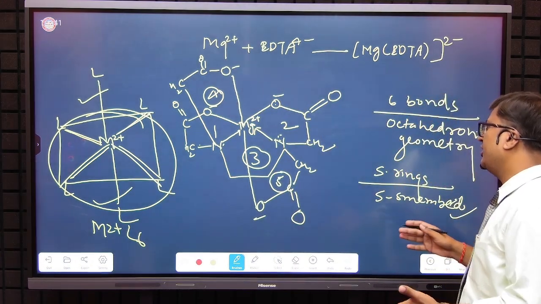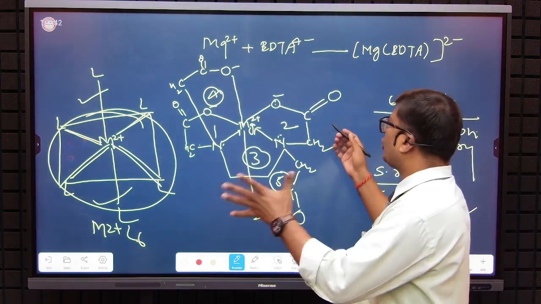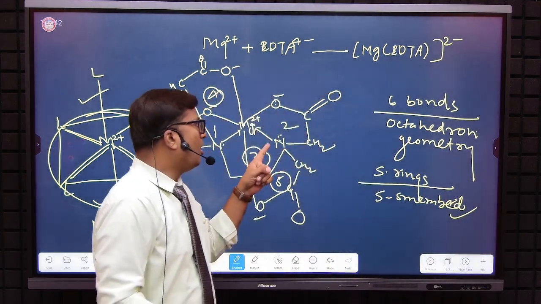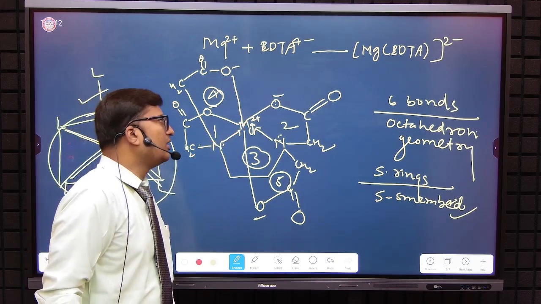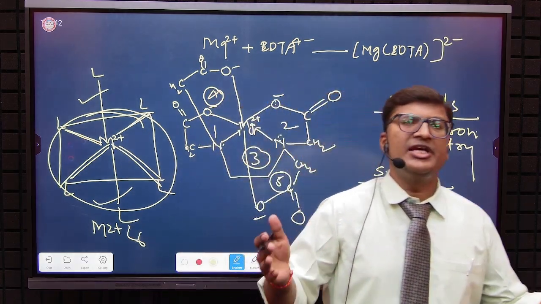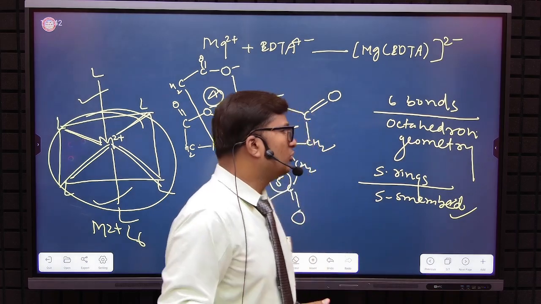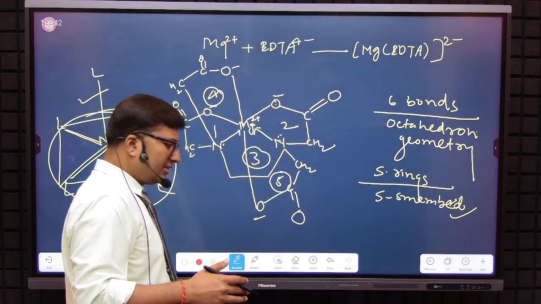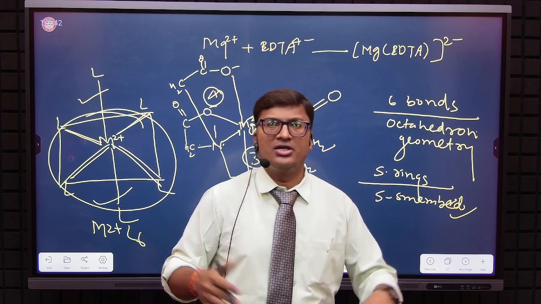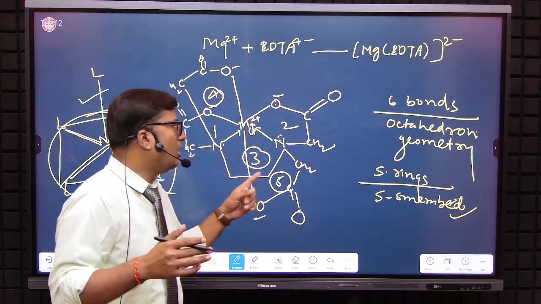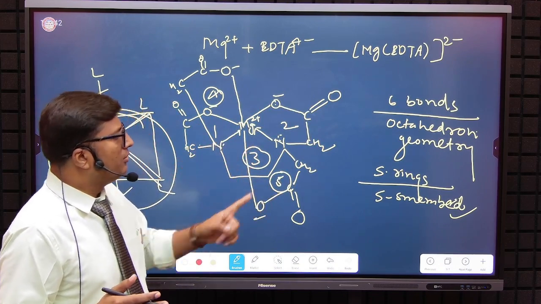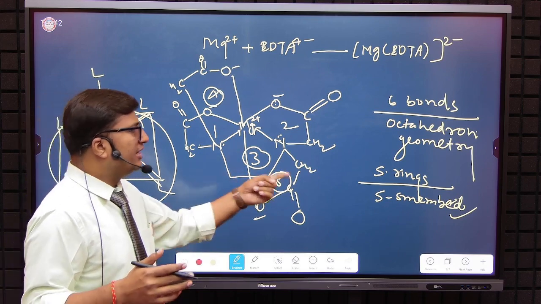And another thing is that there is a strong electrostatic interaction, right? How? There is Mg2+ charge, and 2 oxygens carry single negative charge. So there is a strong electrostatic interaction. So this complex contains strong electrostatic coordinate bonds, and additionally they also possess more ring structures.